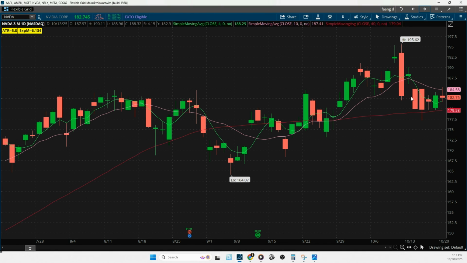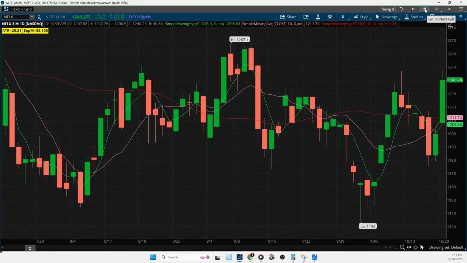And Nvidia, from the big drop on Friday, we're still in the bottom part of that candle, which is really starting to look more sideways for Nvidia, with our moving averages looking like they're going to go sideways here. Even though this is great, we got a big upward candle, that's true.